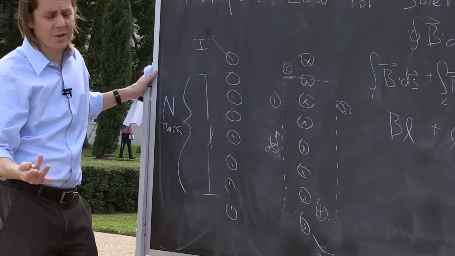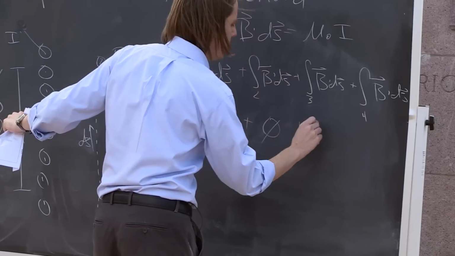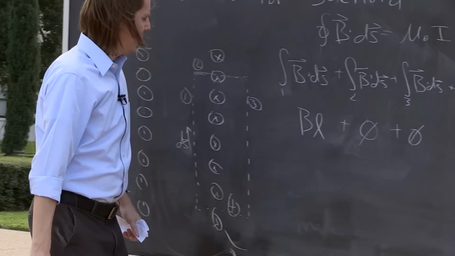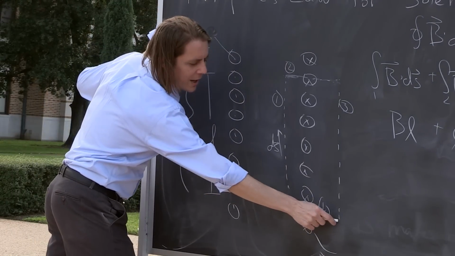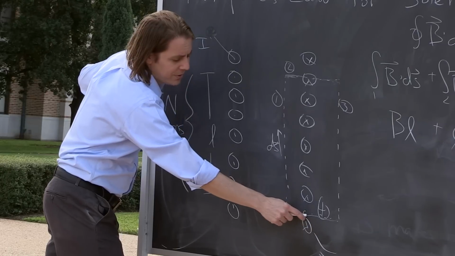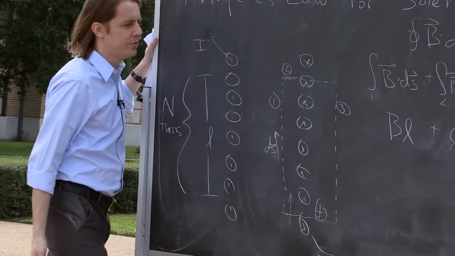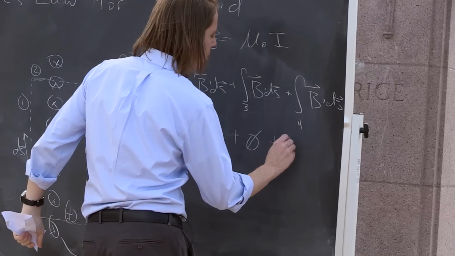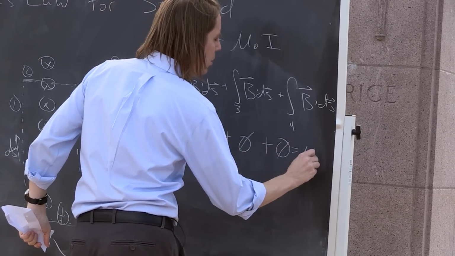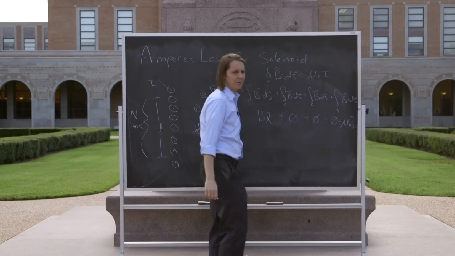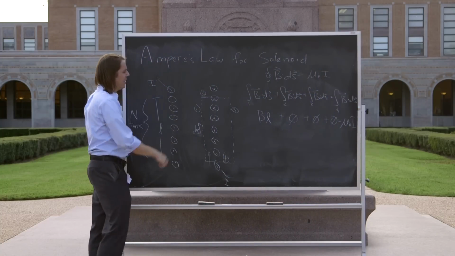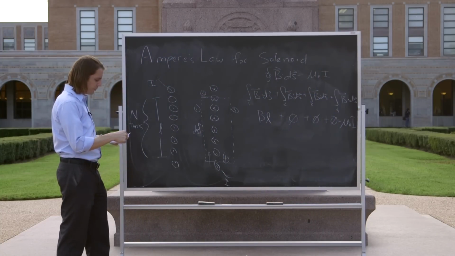The B field is very weak on the outside, so this one is 0. And then finally, path 4: we come marching in here, out here there's essentially no B field, and when you get inside, there's a B field, but it's perpendicular to the ds, so 0. So all the terms are 0, except path 1, only the term when you go along the inside of the solenoid.